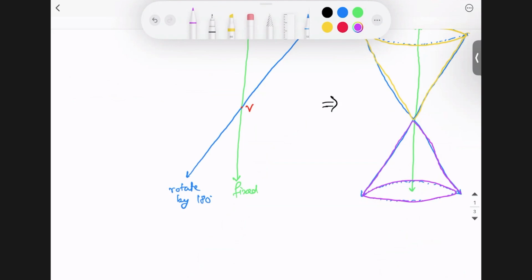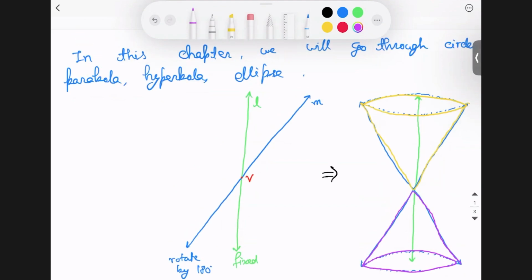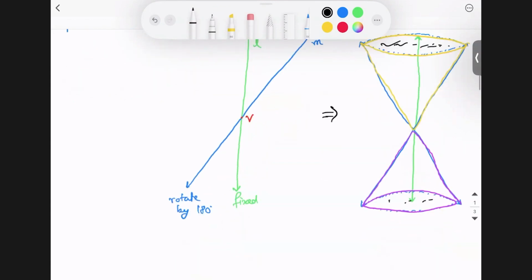You should understand one thing: this portion is void, there is nothing. It is a void cone. You can understand it like two scoops of ice cream, not the ice cream itself, just the two scoops, and you join these parts together. That's how you get this kind of thing.